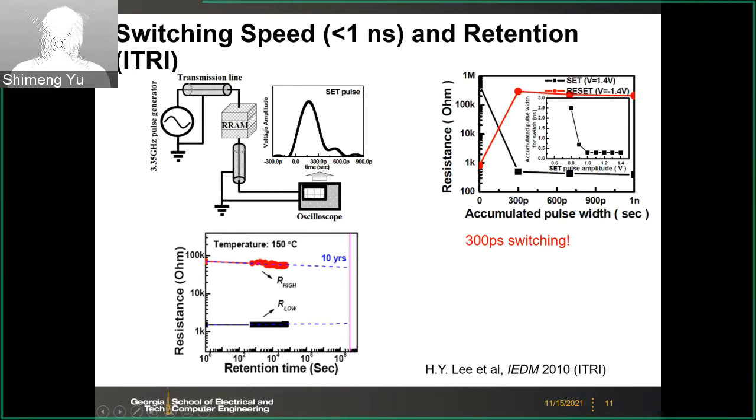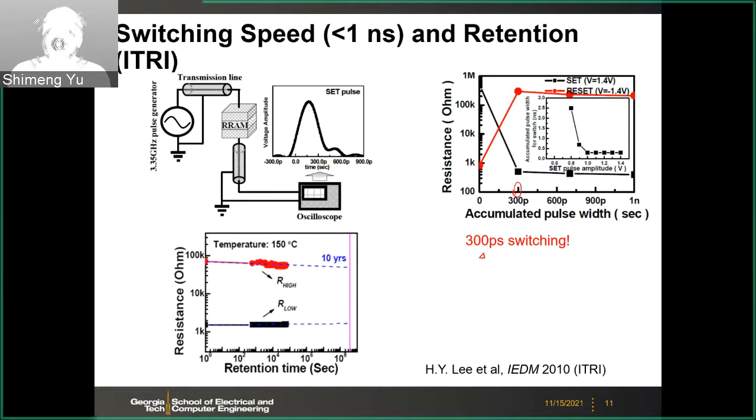If you compensate the parasitics through the transmission line, then the smallest switching can occur at 300 picoseconds. So that means you can switch the device in 300 picoseconds, 0.3 nanoseconds. So it could be pretty fast.